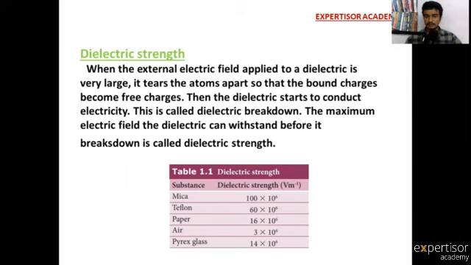Given here: mica 100 into 10 power 6, Teflon 60 into 10 power 6, paper 16 into 10 power 6, air 3 into 10 power 6, Pyrex glass 14 into 10 power 6. Volt per meter is the SI unit of dielectric strength.